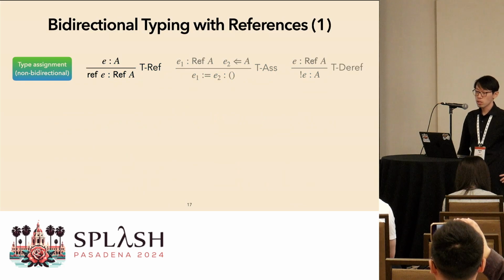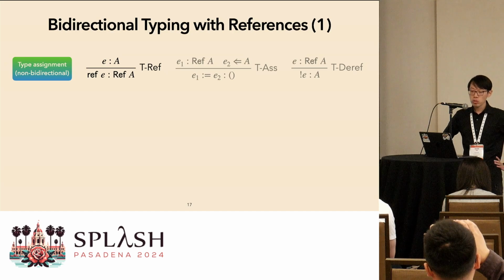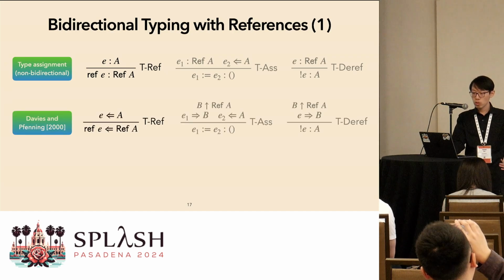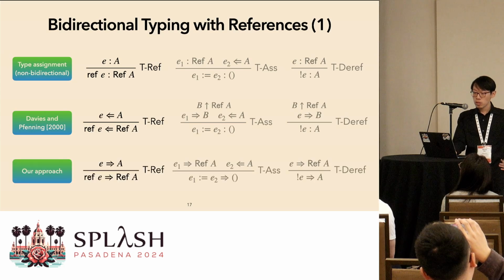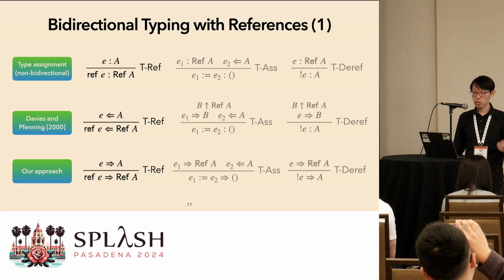And here, if we want to apply bidirectional typing to references, Davies and Pfenning proposed a solution, but it does not work as we already mentioned, because this system is almost equivalent to their type assignment system.